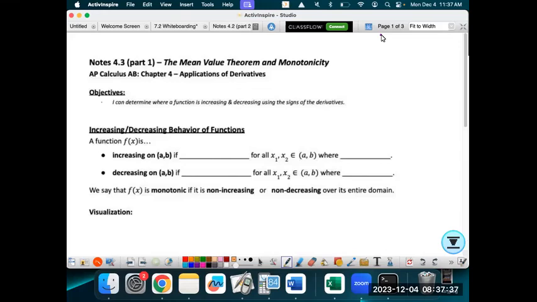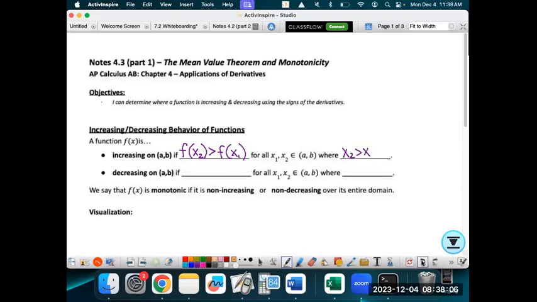So in our first part here, it says increasing, decreasing behavior of functions. A function f of x is increasing on an interval a to b if, just write this down for now, f of x sub 2 is greater than f of x sub 1, where x2 is greater than x1.